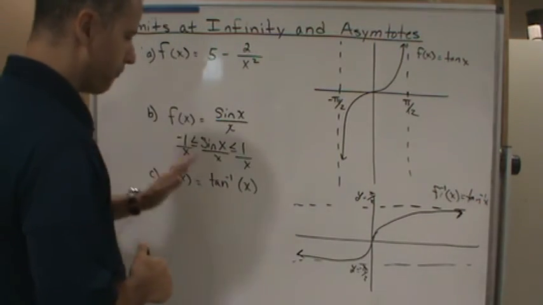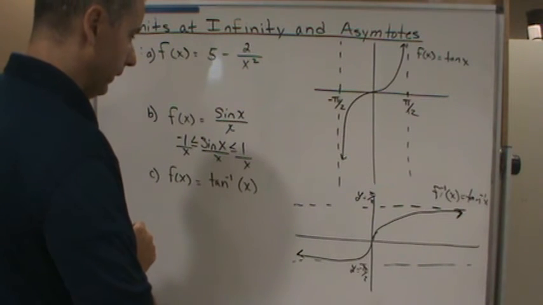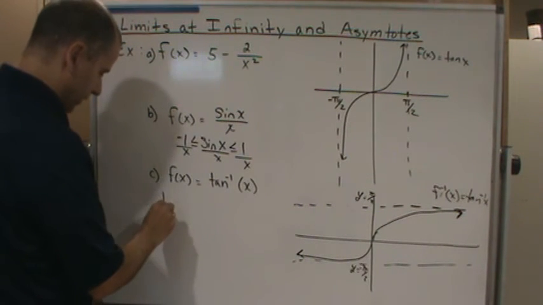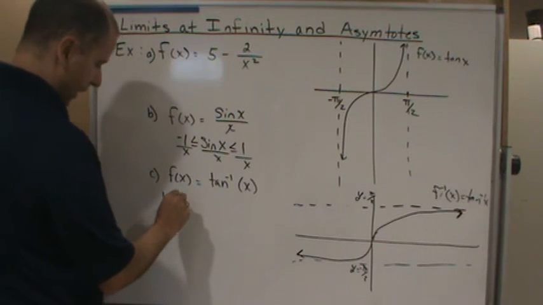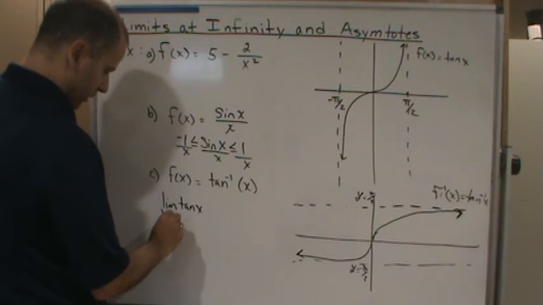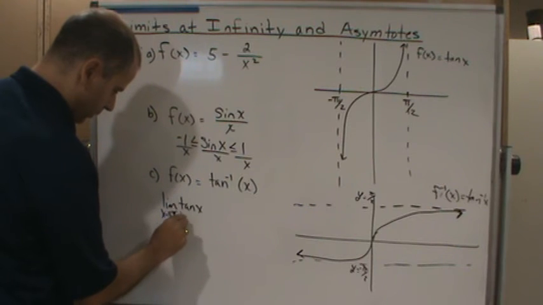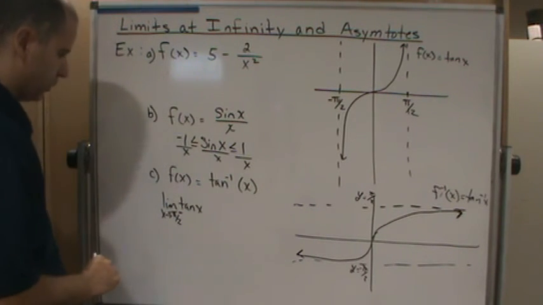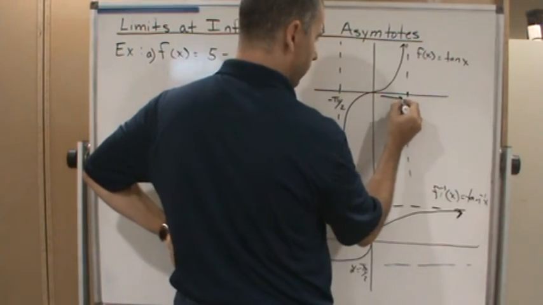Now, if I look at the limit of tangent x for a moment, as x approaches pi over 2 from the left, so that means I'm approaching pi over 2 from this way.